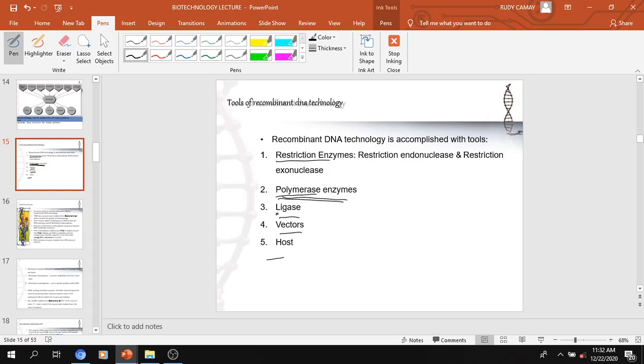The ligase is used to connect between strands of DNA, and the vector, of course, is the carrier of foreign genes or alien genes carrying desired traits or characters. And of course, the host is where you are able to insert the recombinant DNA so that it will replicate within the host. So these are the different tools in recombinant DNA technology.